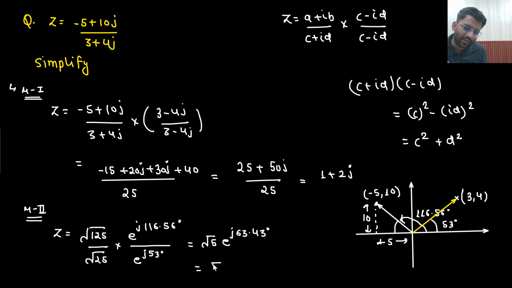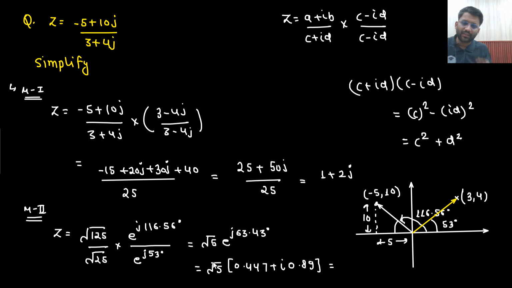What answer will you get here? Under root 5, now this will be cos 63.43 plus iota sine 63.43. Here it is becoming lengthy actually. Cos 63.43 is 0.447, and sine 63.43 is 0.89.